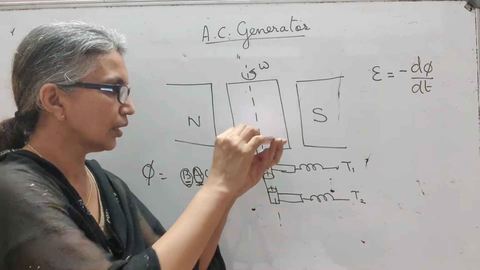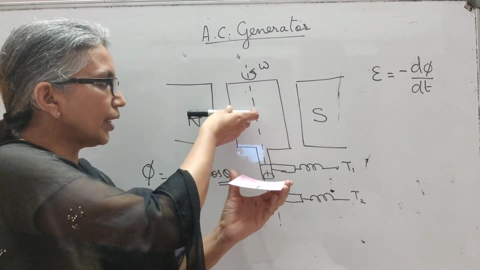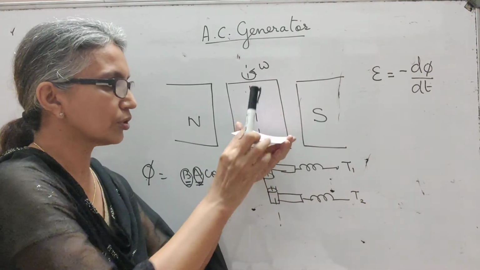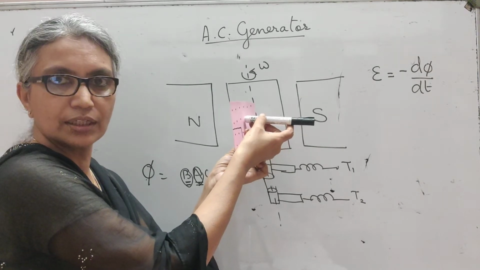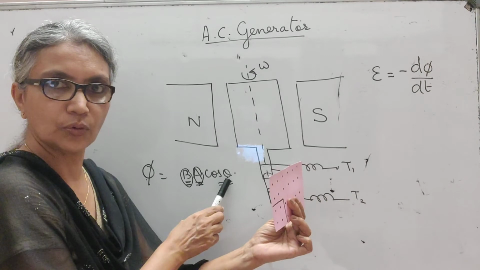If initially your coil is in this position, the magnetic field line is from north to south like this. Suppose your coil is like this. Then the area vector is in this direction, the magnetic field is also in the same direction, and theta is 0.